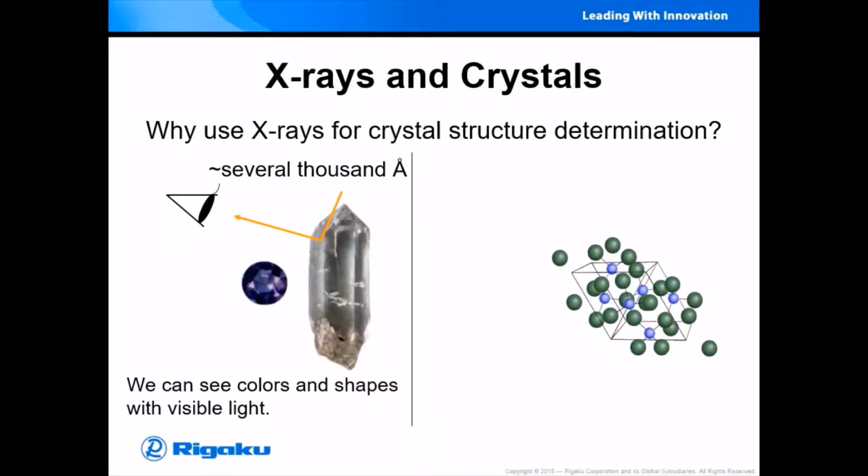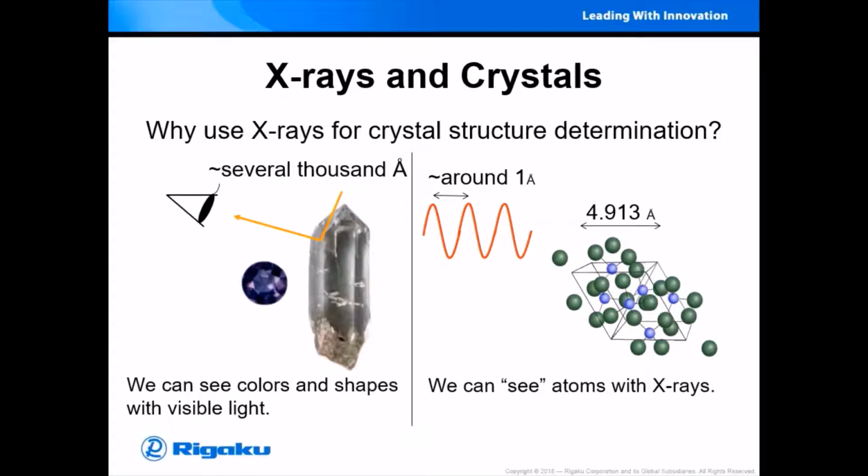But we cannot see the arrangement of atoms at several angstroms of separation. Using X-rays having wavelengths around 1 angstrom which are very close to interatomic distance, we can get the information of the crystal structure of the object. The very important point is that the wavelength of X-rays used for any crystal structure analysis is very close to the distance among atoms.